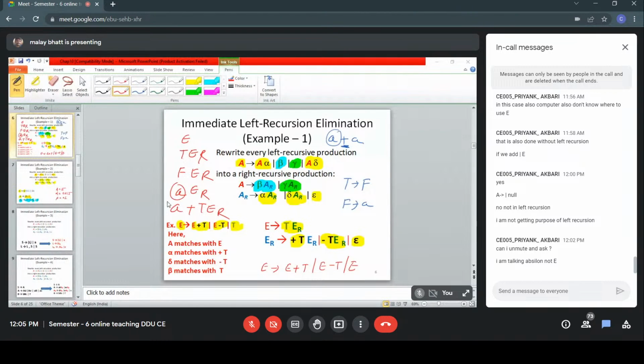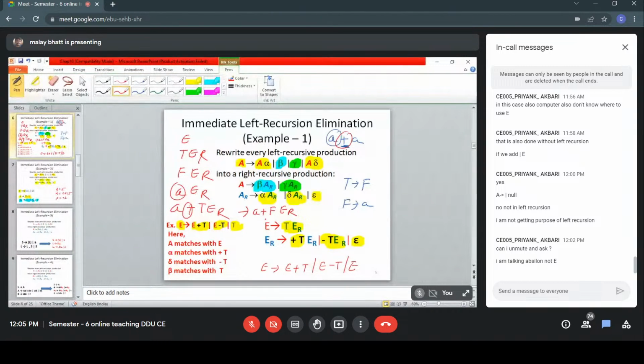When we replace with null, let me tell you what will happen. Here you can see I have replaced ER with plus TER. I already got the plus. Now we have T here, so for T, I will replace with F, so I will get A plus F ER.